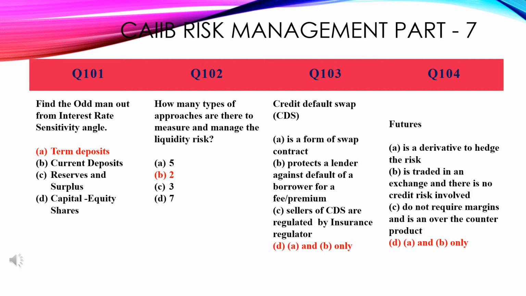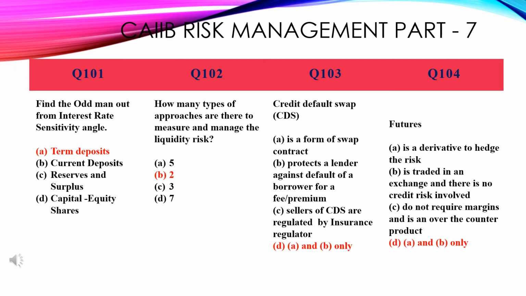Fourth is the A and B option. So we will see here the answer, as you can see, it's highlighted in red color, A and B. That is D option. D option specifies A and B.